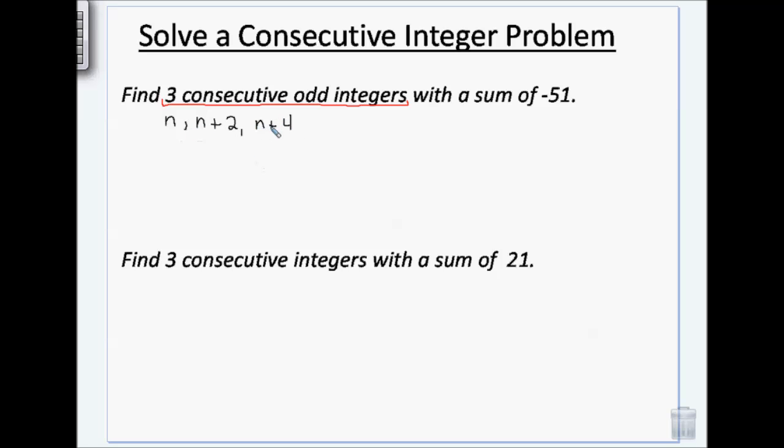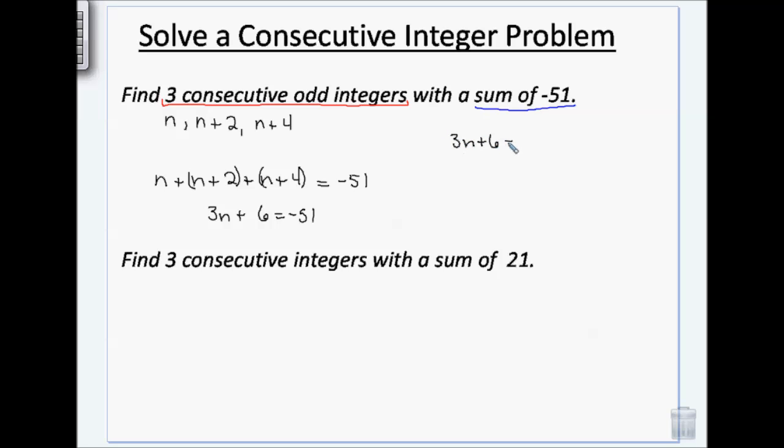We want them to have a sum of negative 51, so I add these numbers together: n plus n plus 2 plus n plus 4 equals negative 51. I have 3 n's, and 2 plus 4 is 6. So I get 3n plus 6 is equal to negative 51.